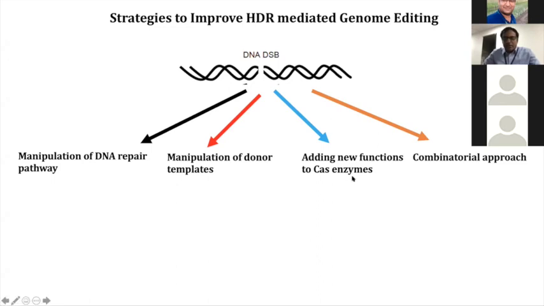The third approach is that we create new functions in the CRISPR enzyme itself, so that it performs better HDR repair, right? Then once we come up with different successful approaches, we can combine them and create a cocktail of approaches, which will help us break that barrier of low frequency HDR efficiency, right?